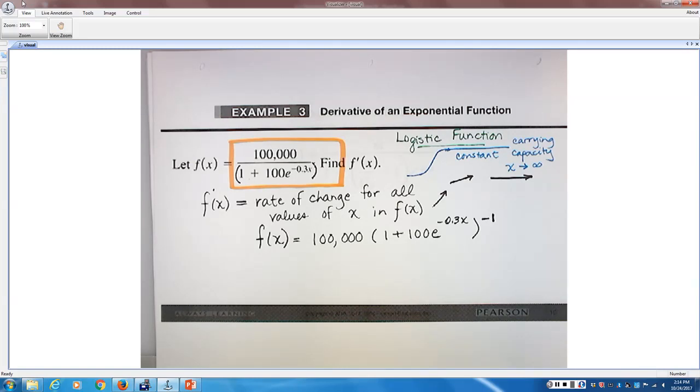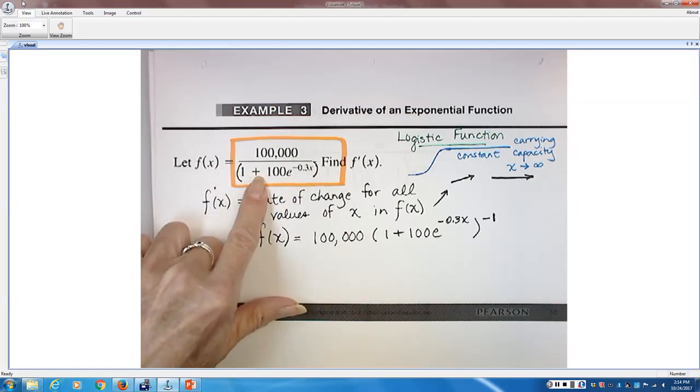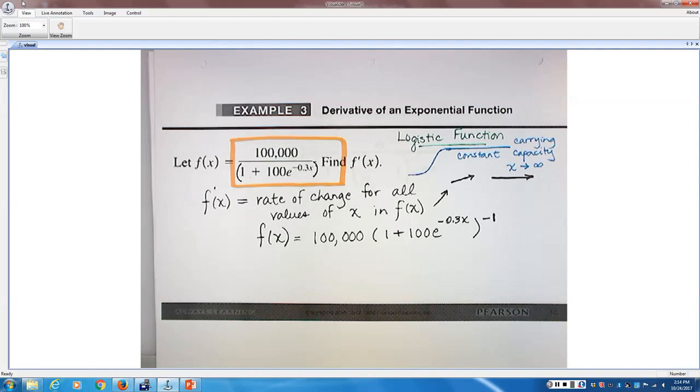Okay? Because right now the exponent outside that parentheses is a positive one. When I move it to the numerator, it becomes -1.